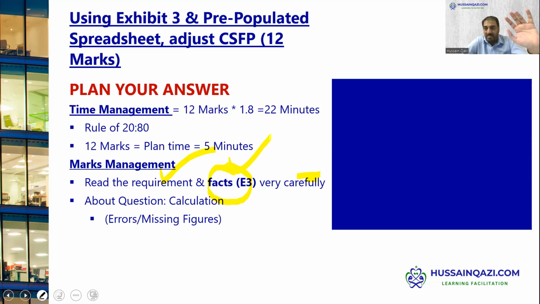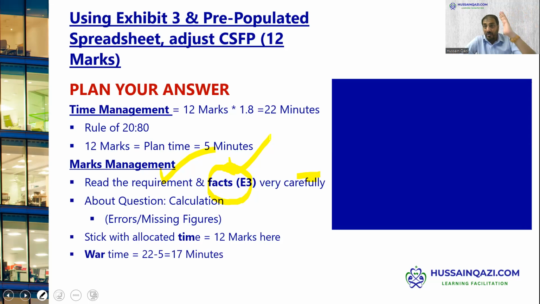So calculation, some errors, some missing figures, we have to incorporate. We have to be very committed about time management. Here 12 marks, and for that we have 17 minutes. What I personally think, if you have a good practice background with spreadsheet functions, you will be able to easily complete this task within 17 minutes. I personally suggest you can save your time.